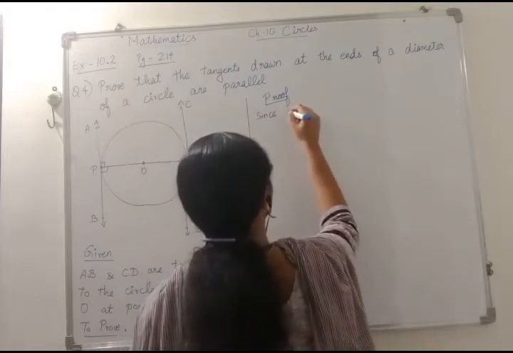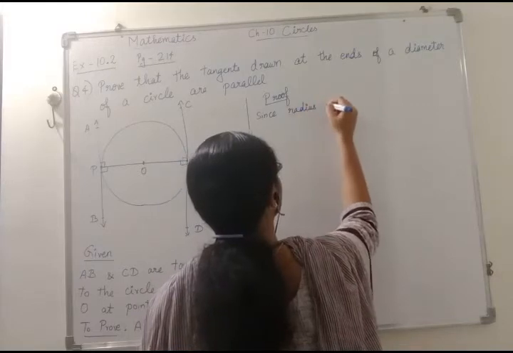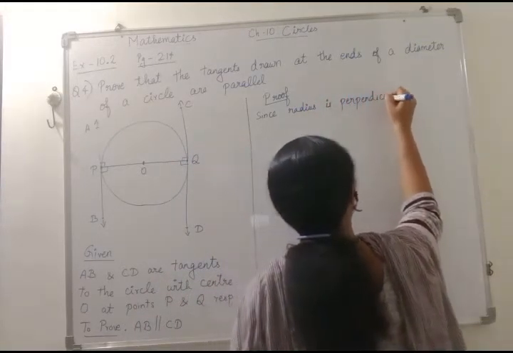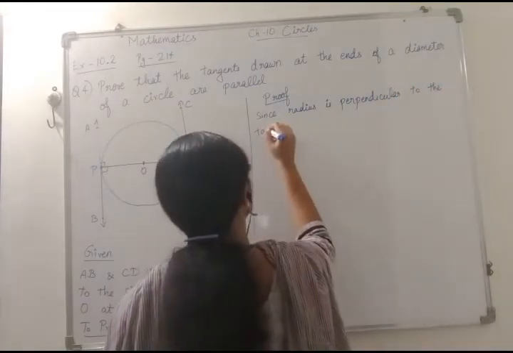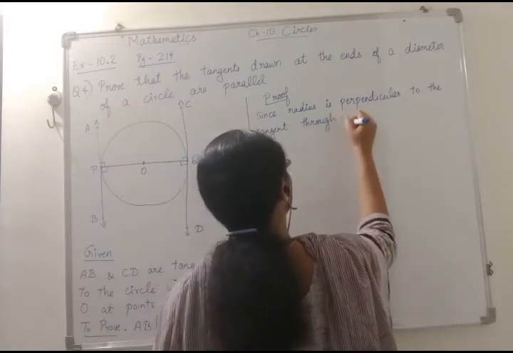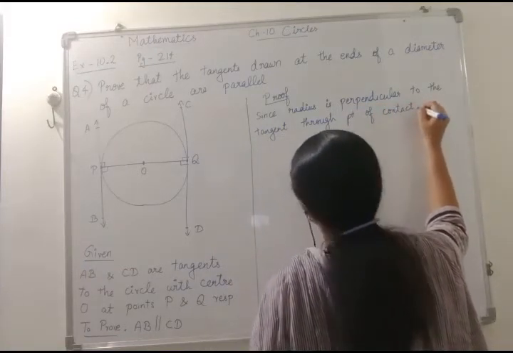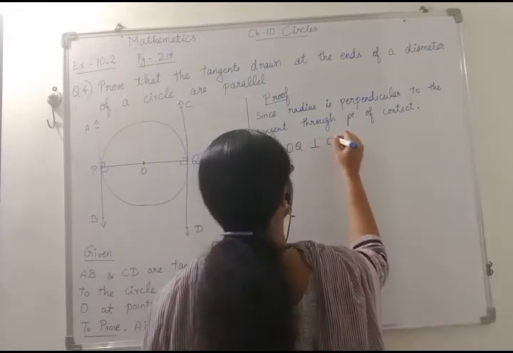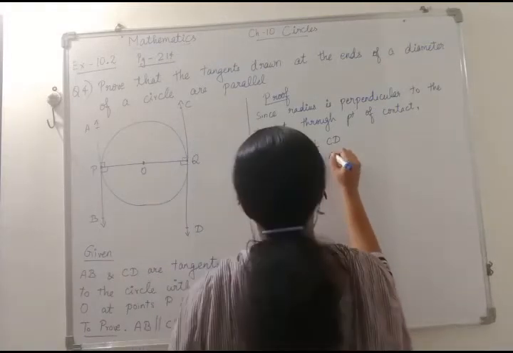Since radius is perpendicular to the tangent through the point of contact, OQ is perpendicular to CD and OP is perpendicular to AB.